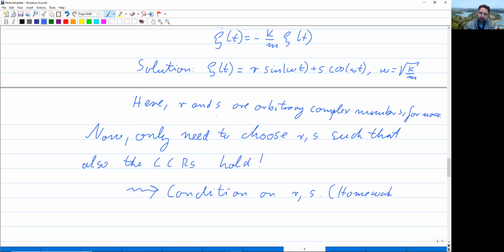Not very hard. If you think about it, you just plug our ansatz into the canonical commutation relations and check what values R and S can take such that the canonical commutation relations hold.